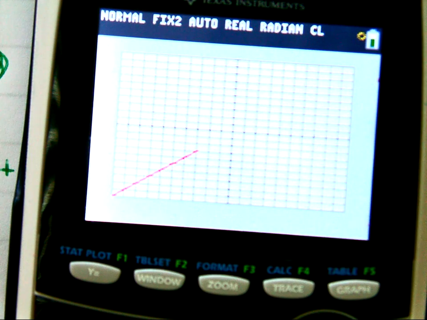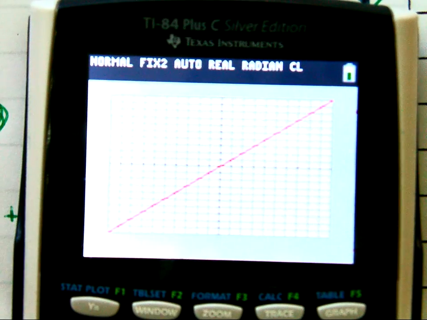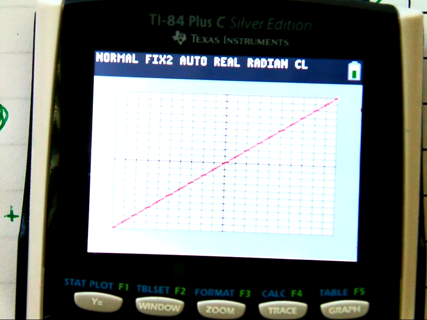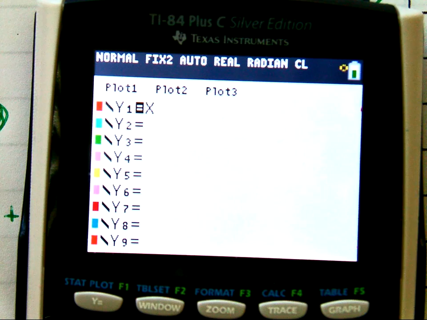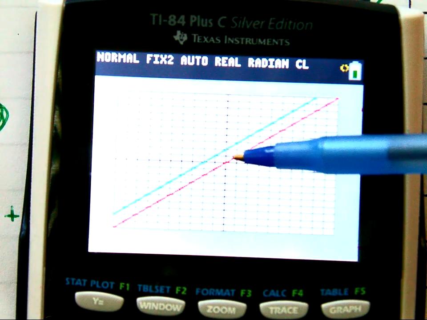So we can do on this calculator what it just took us 20 minutes to do on a table, except it literally does it for you. Then I go back to y equals, and I can put in another line, and I'm going to make this one blue. And this one is going to be my x plus 2, right? So it should hit right through the plus 2.